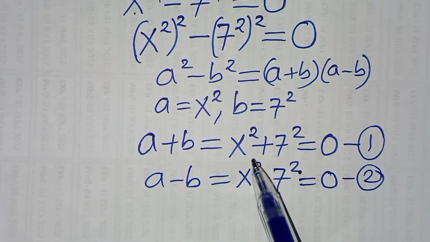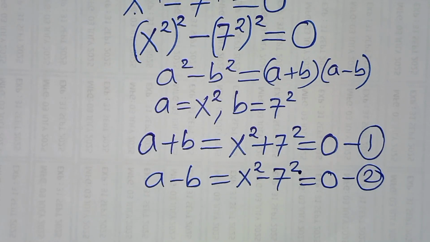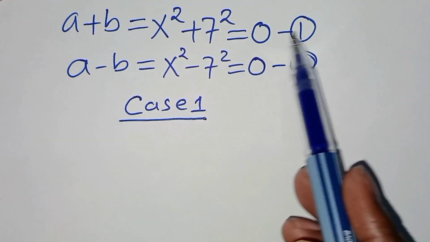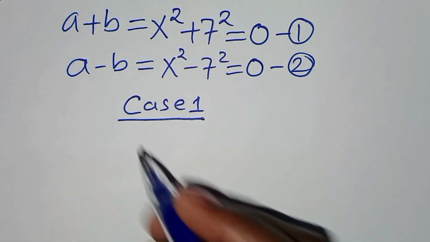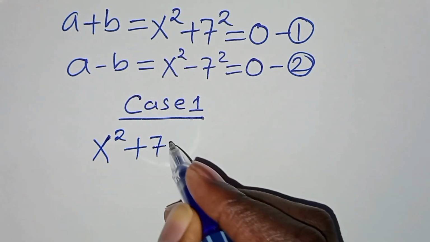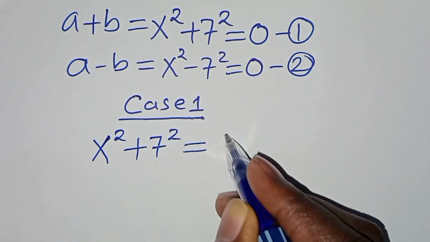Now let's start with case 1, which is equation 1. Case 1 here is x to power 2 plus 7 to power 2, this is equal to 0.